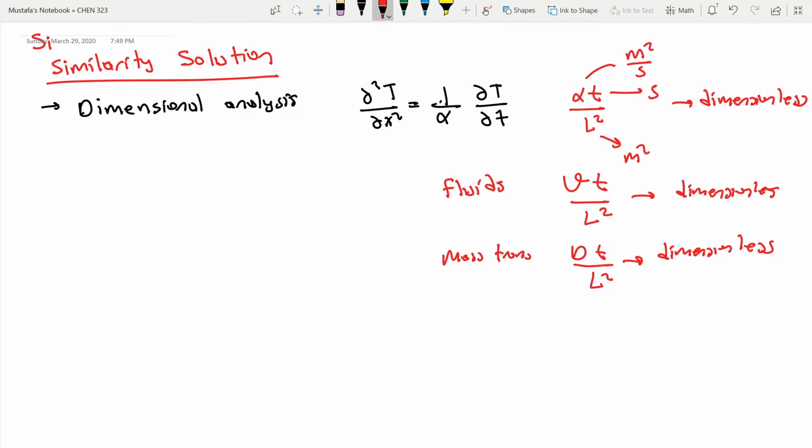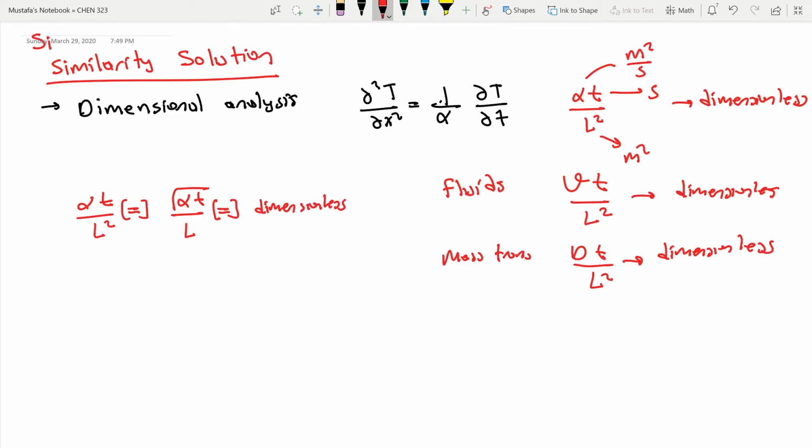We can rely on dimensional analysis here. We just mentioned in heat problems we have alpha times t over L squared is dimensionless. That means the square root of alpha t over L is also dimensionless. Both of these are dimensionless.